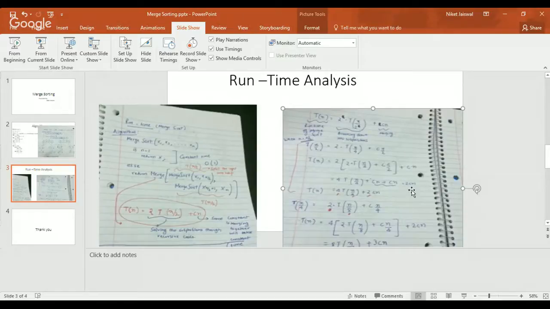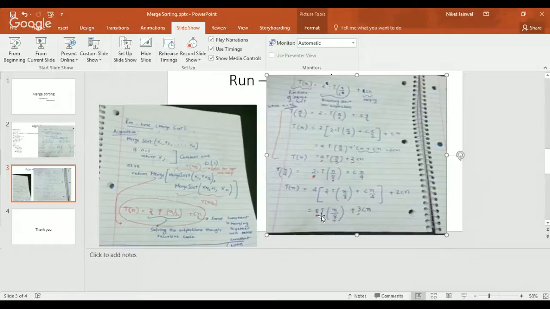Are you getting this? So now you will see there is a general term coming. When it was n, it was 2 times T of n by 2, then there's some constant value k over here. So when n was n by 2, it was 2 over here. Then it has changed from 2 to the power of 1 to 2 to the power of 2.